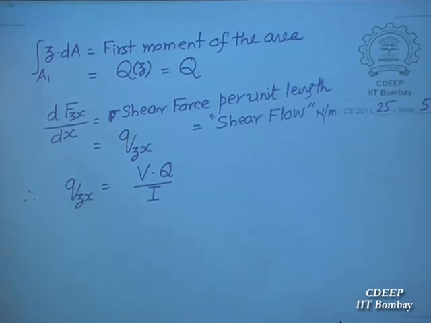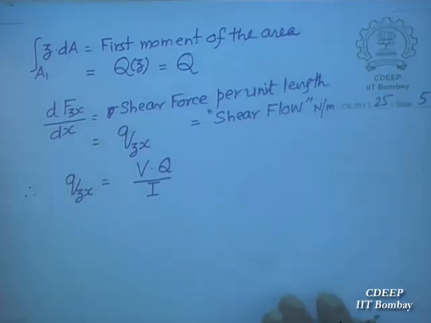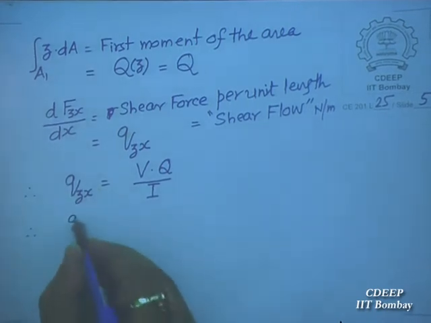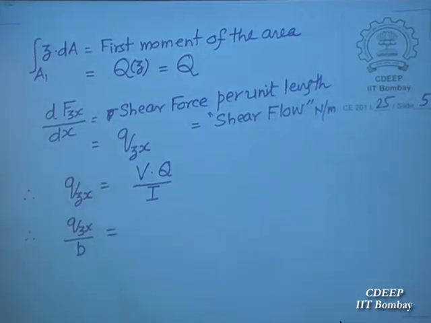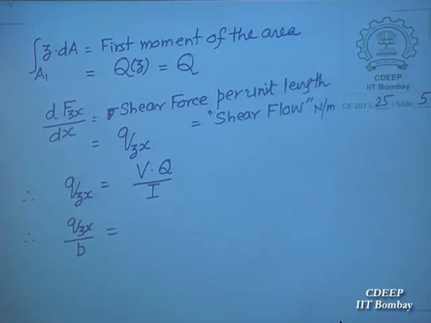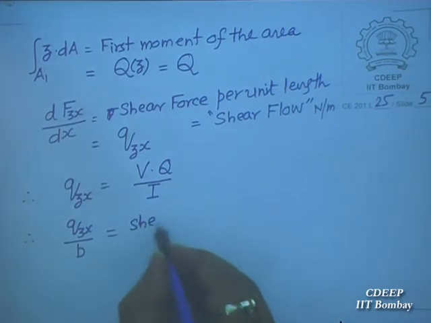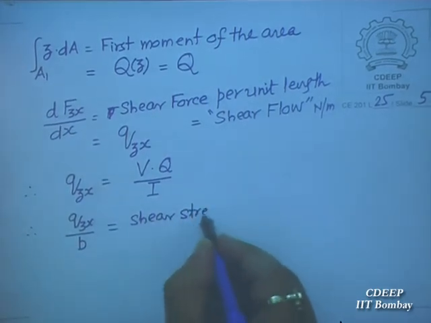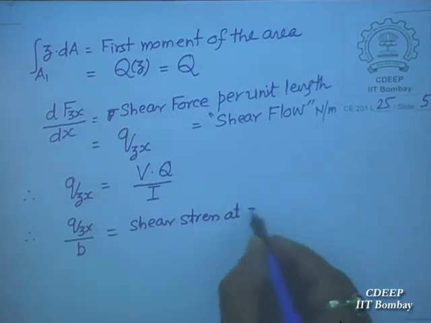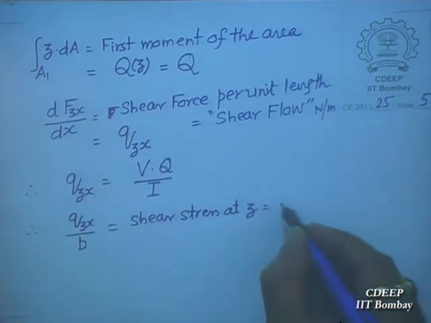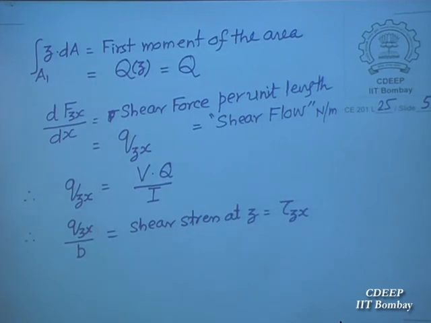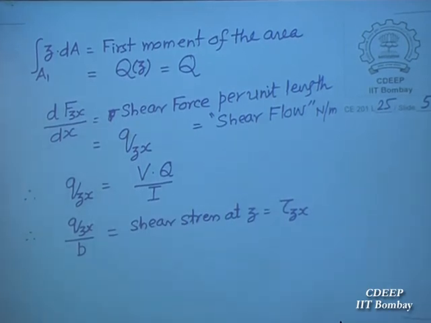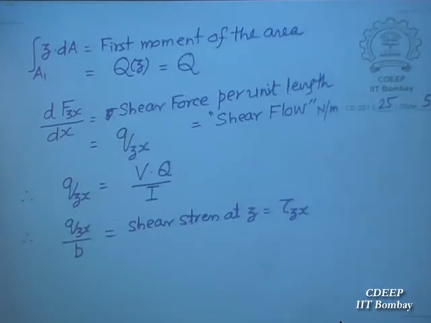You get it? That means now if you divide qzx by B, what will you get? Shear stress at Z. Denote that by tau zx. The normal letter used for shear stress is tau.